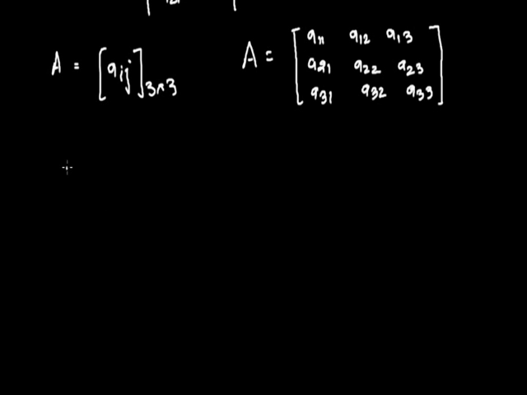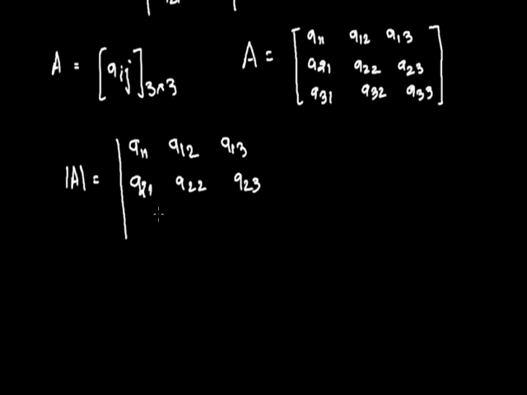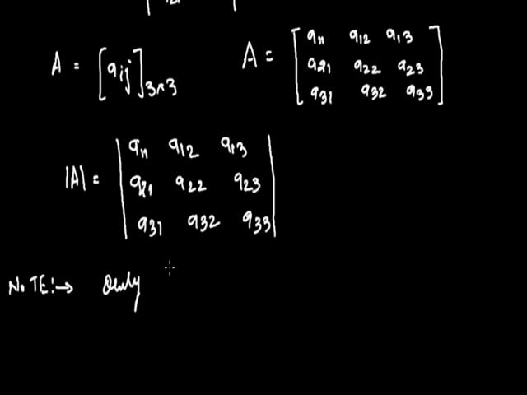Now the determinant of A is A11, A12, A13, A21, A22, A23, A31, A32, A33.